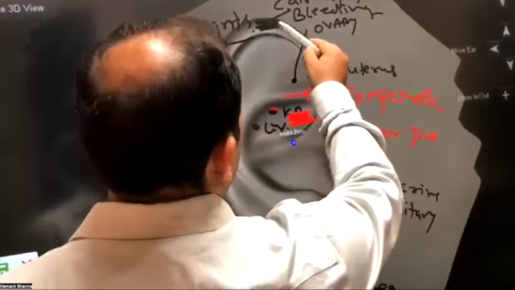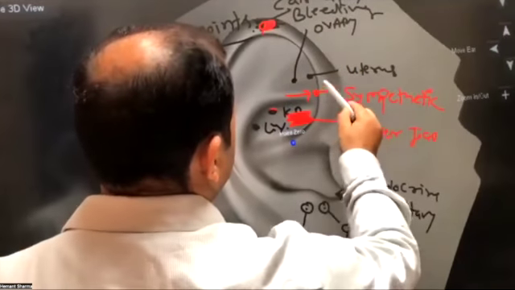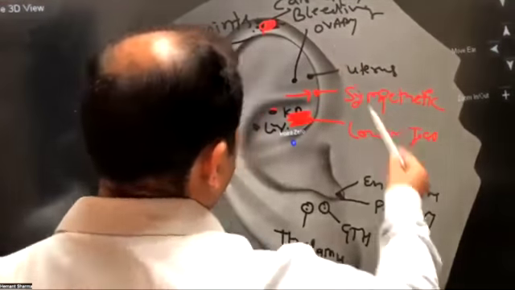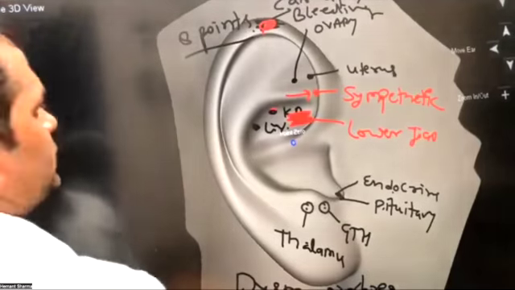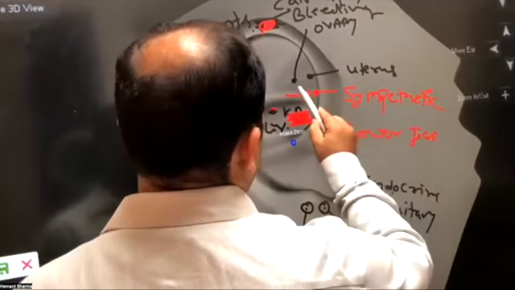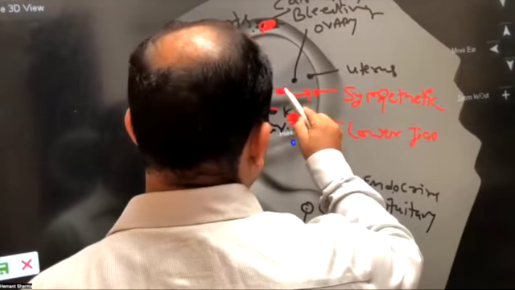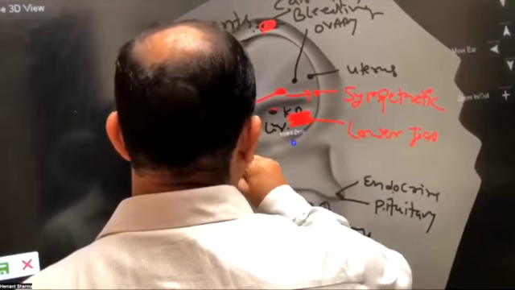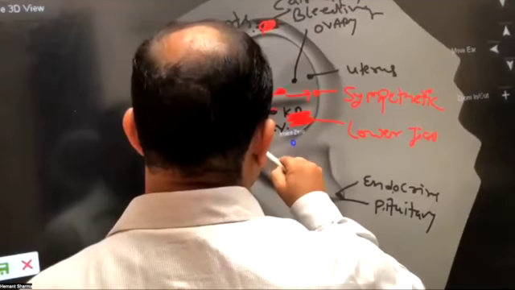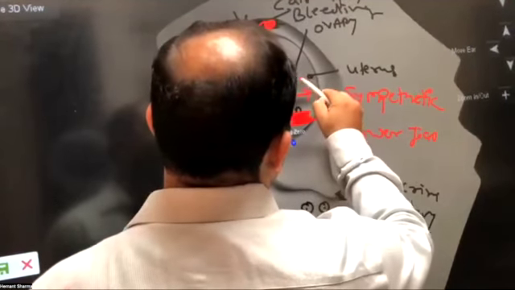So ear apex bleeding, sympathetic, the point of lower GIO, and 2 more points in the triangular fossa. One point is pelvis, and one point is cervix.